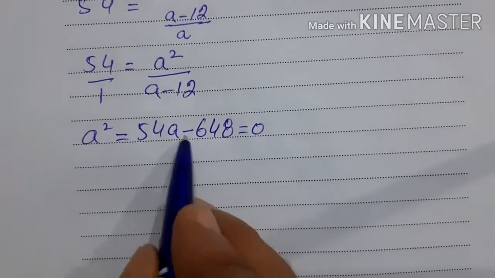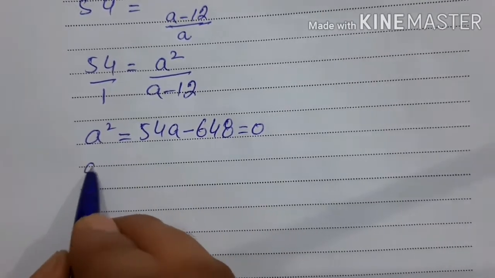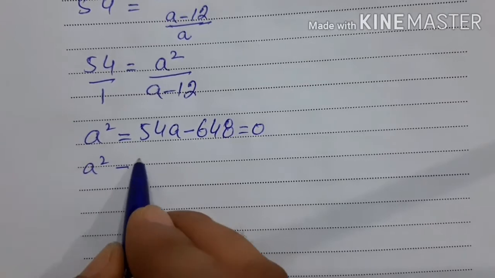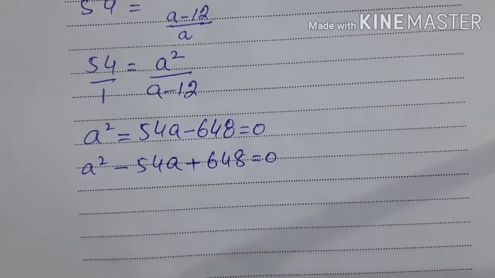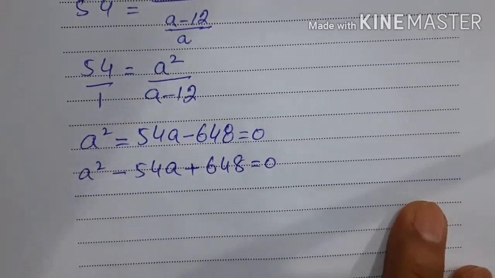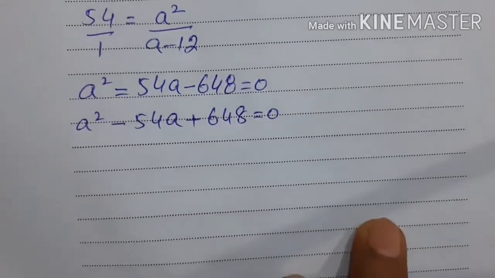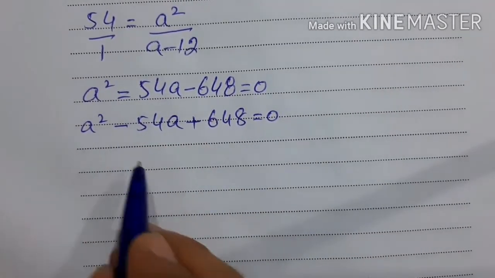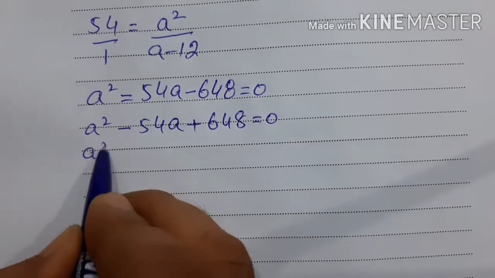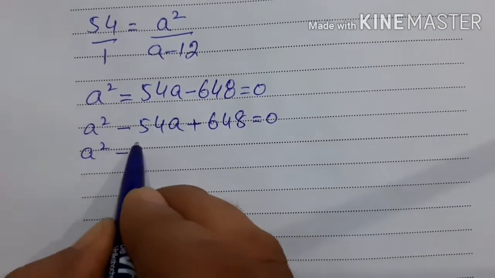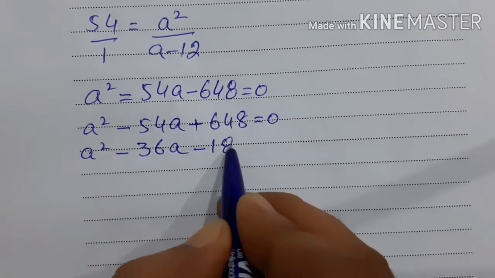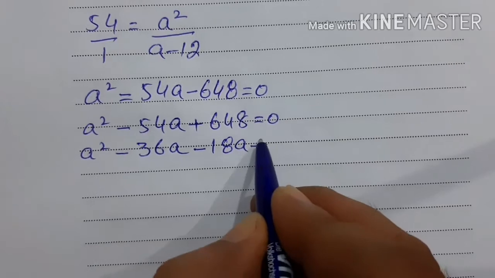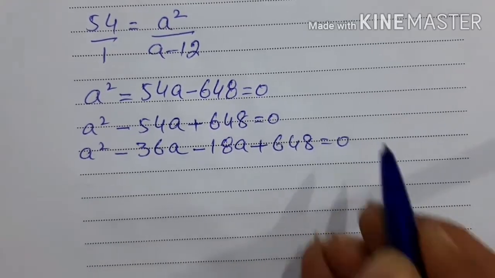So take these two things on the left, it will become A square minus 54A plus 648 is equal to 0. Solving them by the middle term break method, it will become A square minus 36A minus 18A plus 648 is equal to 0.